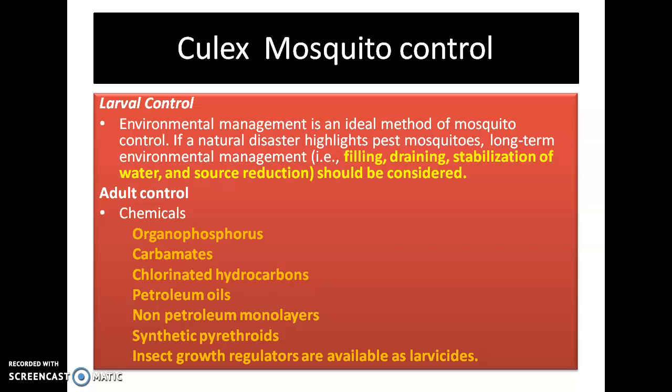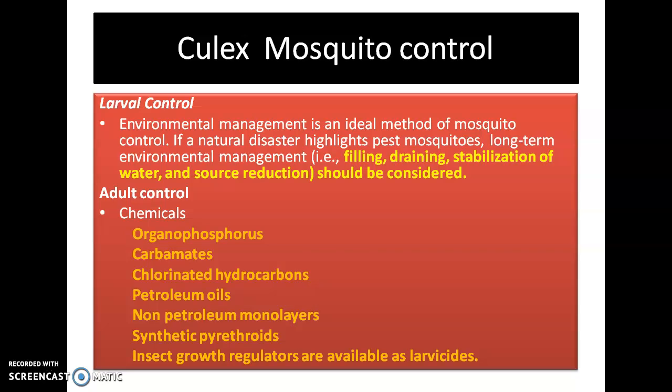Then how can we control this mosquito? It can be controlled both in the larval stage as well as in the adult stage. In any mosquito control, environmental management is the ideal method. Even if we perform many kinds of environmental management for controlling this mosquito, these mosquitoes are able to withstand these conditions.